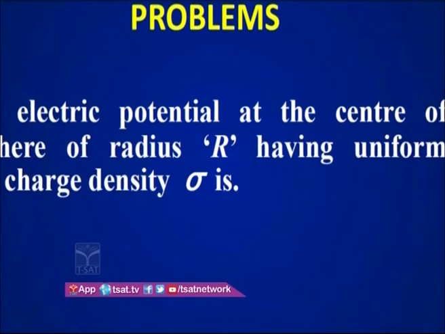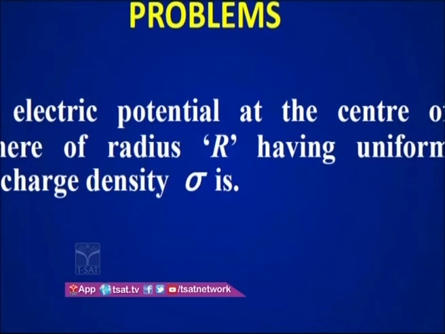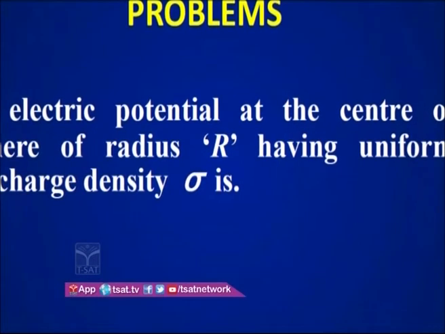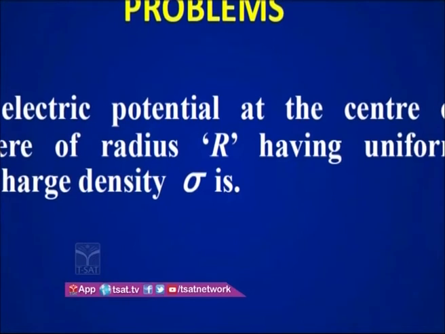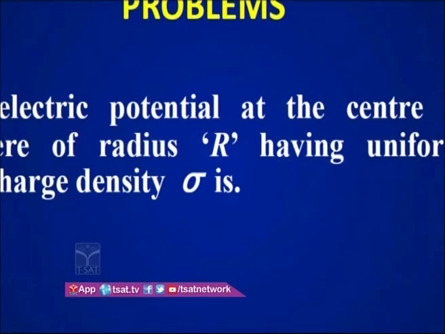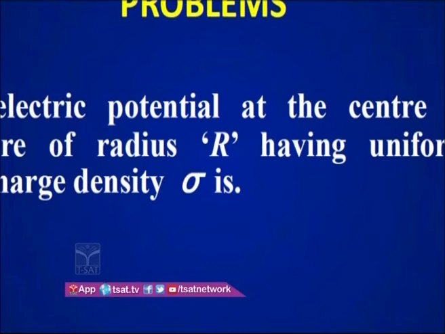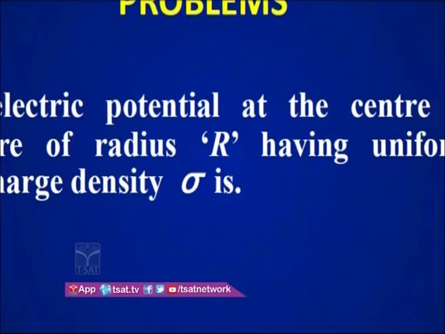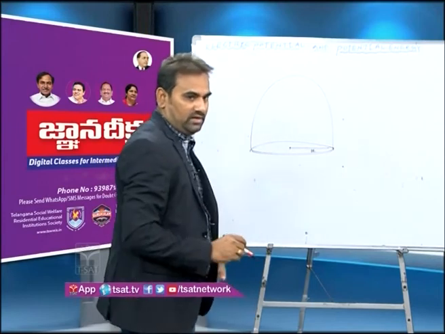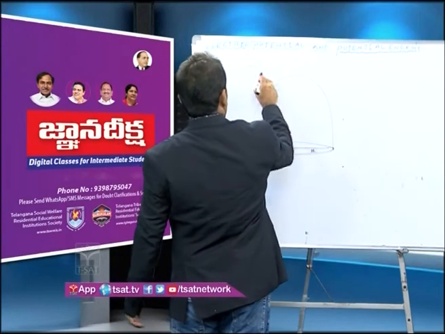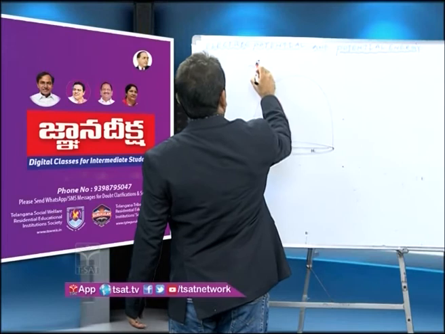Consider a hemisphere. This is a hemisphere. The hemisphere has a radius R and a uniform charge density.